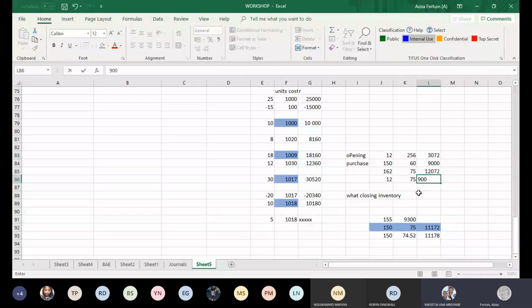Okay. Minus 12,072 minus 900 is 1172. Okay, at 75 and 150. Is there only two people that got this answer right, or was there more people?